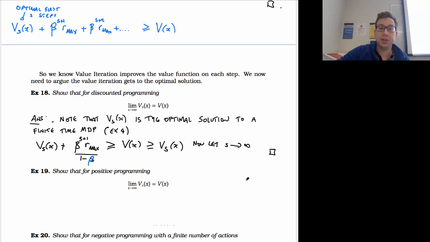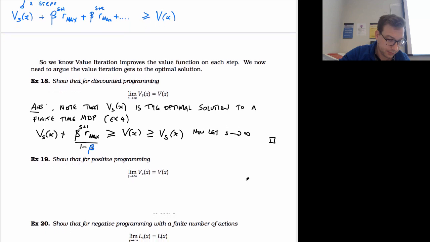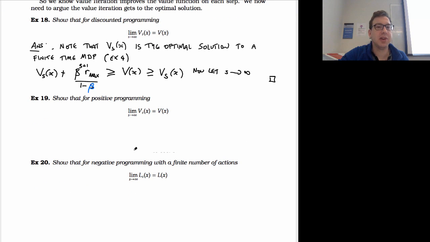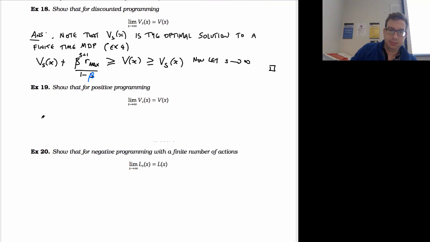All right, so now we're just going to do it for positive programming. And you can do it for negative programming, but once you've done the positive programming case, you've basically done the negative programming case as well. Okay, so let's do this one.